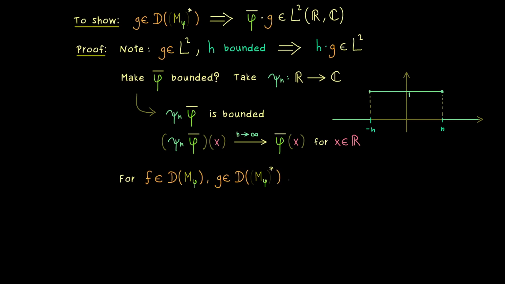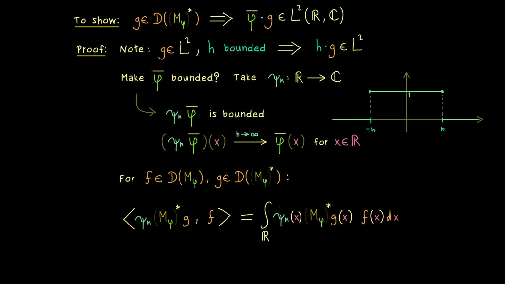Or to say it more precisely, we look at our inner product again, where now f and g are arbitrarily given like that. So we can definitely form m phi star with g and put that in the inner product with f. However, now on the left hand side, I already want to include the function psi n. The reason for that will be clear when we reshuffle the entries in the integral.